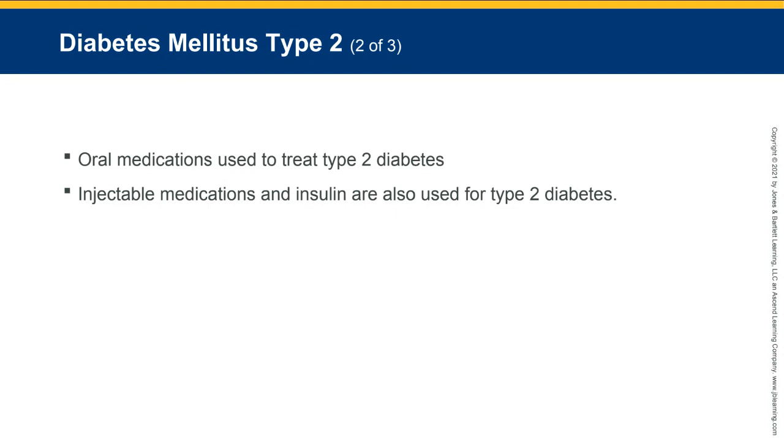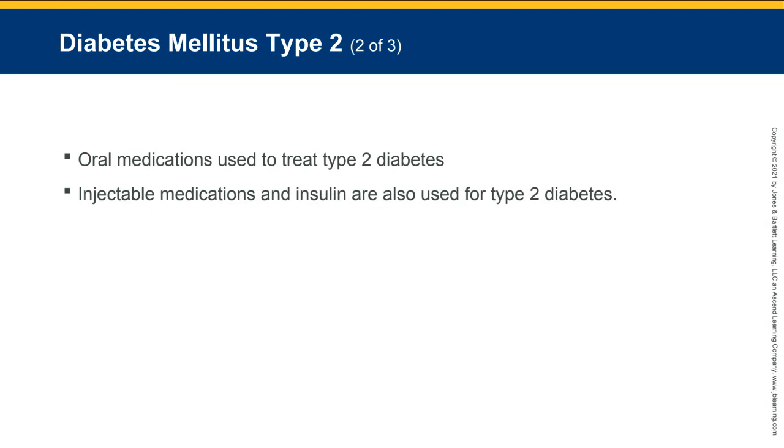Now, with your type 2 patient, because the body is still producing some amount of insulin, or the insulin might be functioning but not effectively, it means that some amount of glucose can get into the cell. It's just not getting enough. So what that means is, for a patient with type 2, as their blood sugar rises, their body will not break down fat for energy, because there's some amount of glucose that can get in the cell.